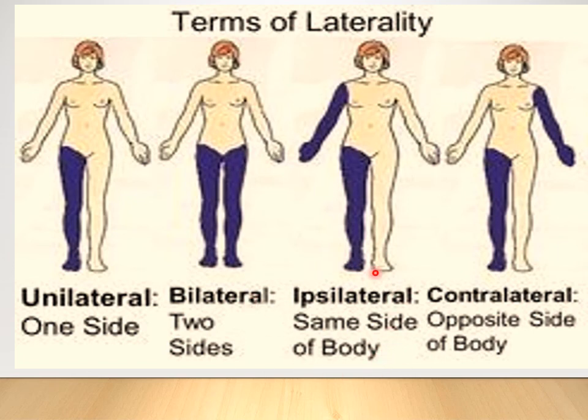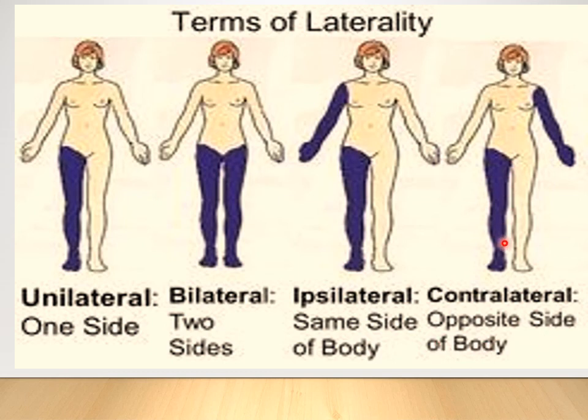What do you mean by ipsilateral? I can say the same side of the body. You can see this is the upper limb and this is the lower limb. Both are on the same side of the body, the right side is affected. That's why it is called ipsilateral. Now what do you mean by contralateral? Contralateral is the opposite side of the body.